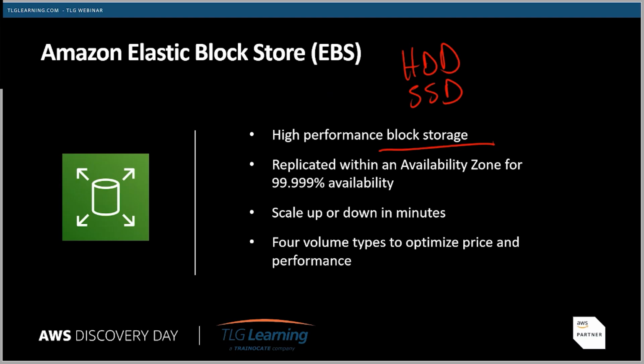That's EBS volumes, they're called, that support booting up your EC2 instances. So you need at least one EBS volume with your EC2 instance so we can install the operating system on that volume. And then you can add additional volumes as necessary. You may add a second volume to run your database software, for example, host your database.